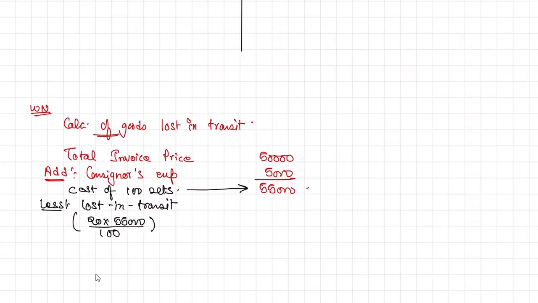Very simple. 11,000. Is it so? 11,000 आ रहा? कंफर्म कर हाँ दीजिएगा. सर, 11,000 ही है.